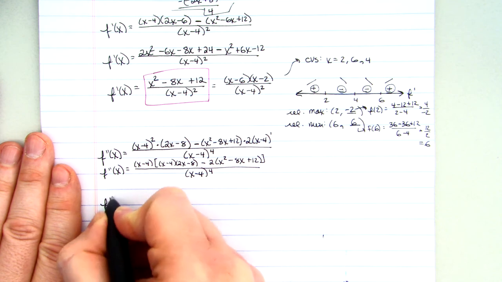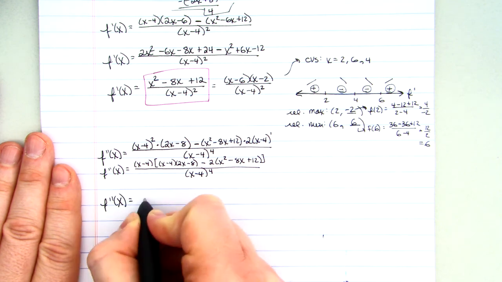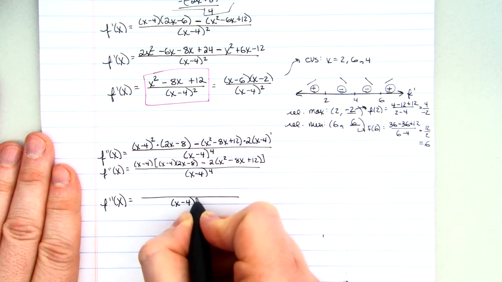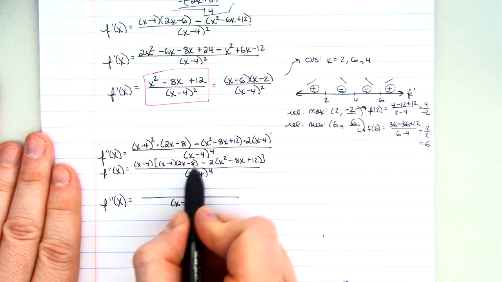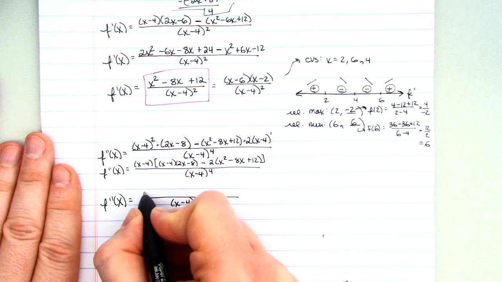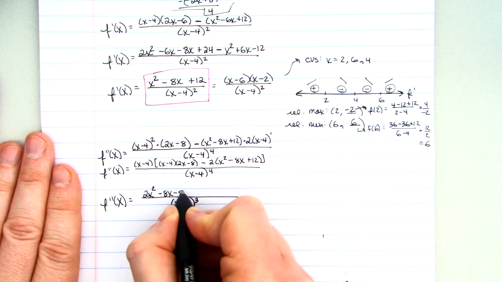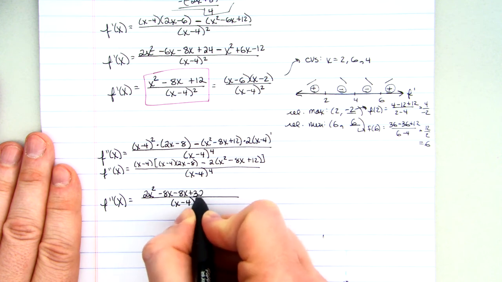Okay, the whole point of that was so I could make an x minus 4 cancel. My denominator is going to be x minus 4 to the third. Up top, I need to distribute, FOIL, whatever, over there. So x squared minus 8x plus 32.